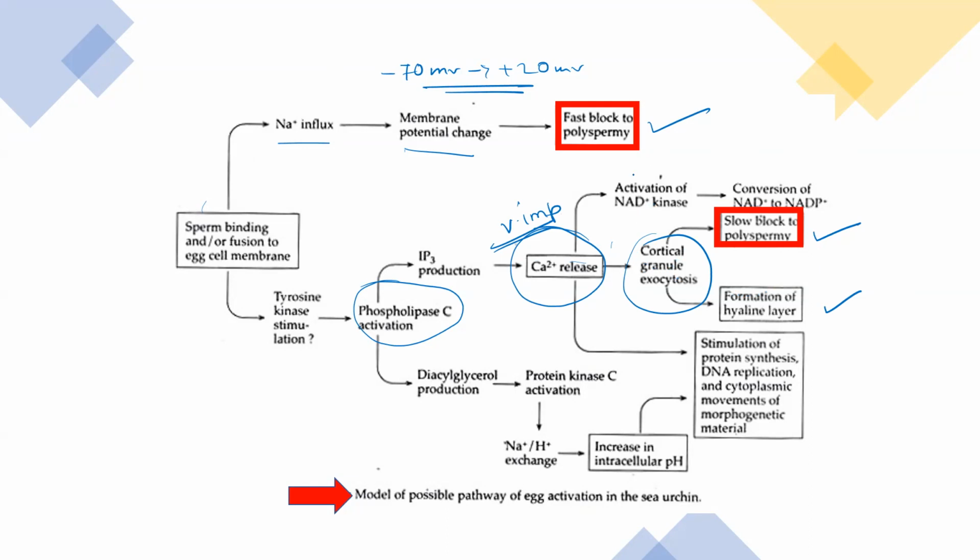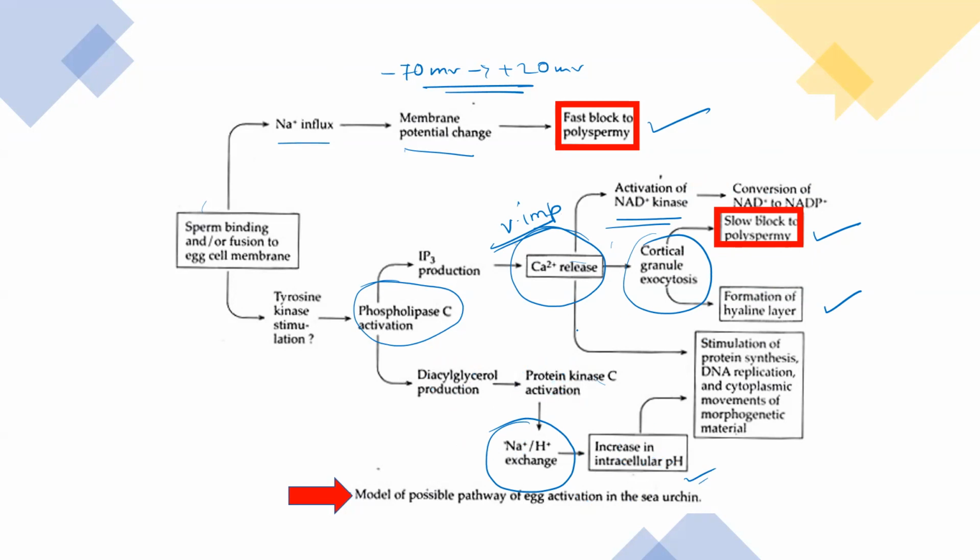Clear? Along with this, what is happening? NAD kinase is getting activated. It results in conversion of NAD to NADP plus. All these are happening. Other than this, what is this diacylglycerol doing? It is activating protein kinase C. Here, sodium hydrogen exchange is happening and it is causing a change in the intracellular pH.